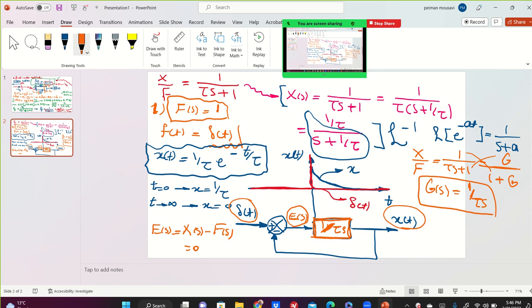You have to put x of s here and the f of s here, obviously. Yeah. Can I go to the next page? Yes.